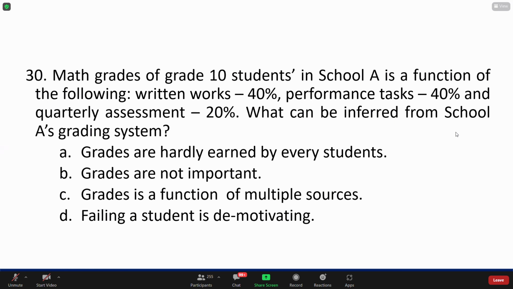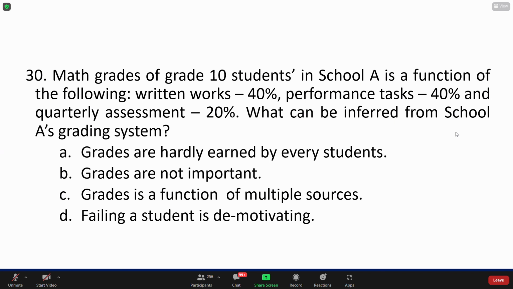Math grades of grade 10 students in school A is a function of the following: written works 40%, performance tasks 40%, and quarterly assessment is 20%. What can be inferred from school A's grading system? Letter A, grades are hardly earned by every student.